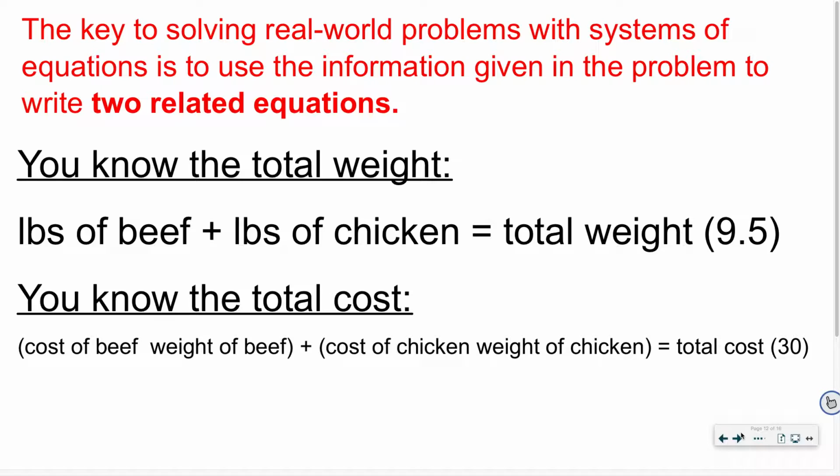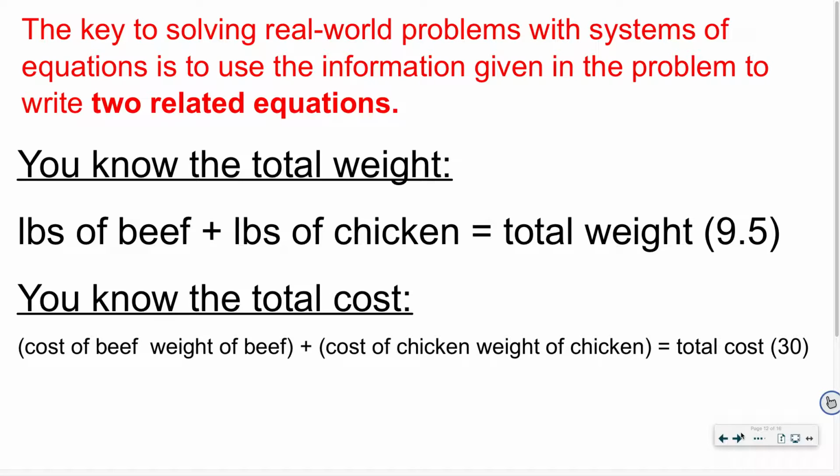Now, the key to solving this problem, and hopefully it helps you develop your own strategy, is that you're writing 2 related equations. They're not 2 exact equations. All the equations that we have created have been related, but they've been about different things. The first equation that we did was for the weight of the chicken, specifically just the weight. And then the other equation had to do with the cost of the chicken.